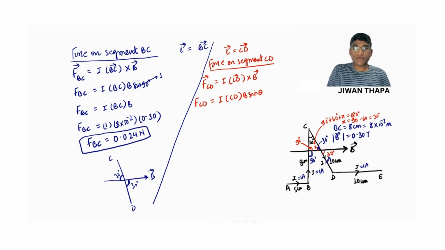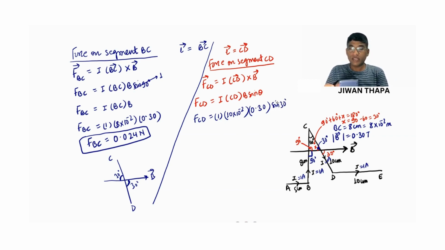So what we find in this case, FCD equals I is 1 ampere, and length of CD is 10 centimeter, so I'm writing in SI system, and magnetic field is 0.30 Tesla, and we have sine 30 degree.